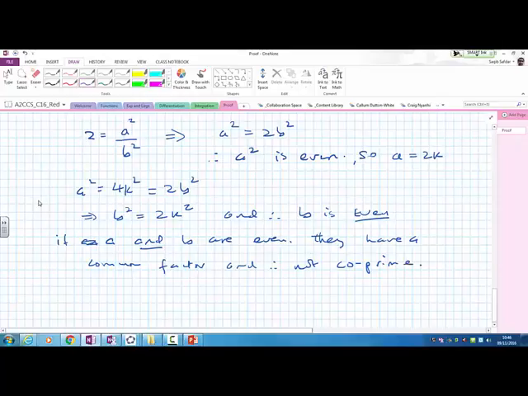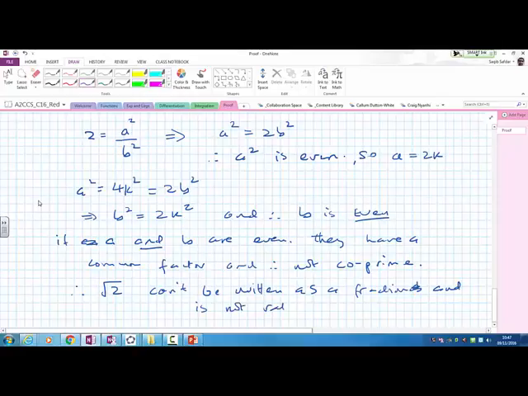And this contradicts the assertion. Therefore, the square root of 2 can't be written as a fraction, and is not rational.